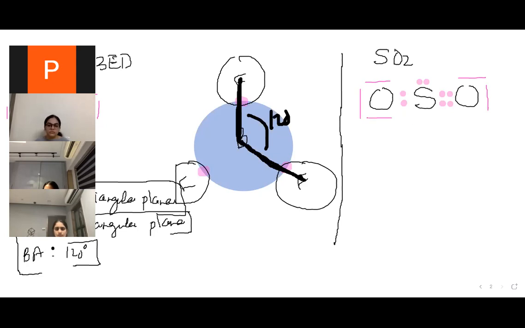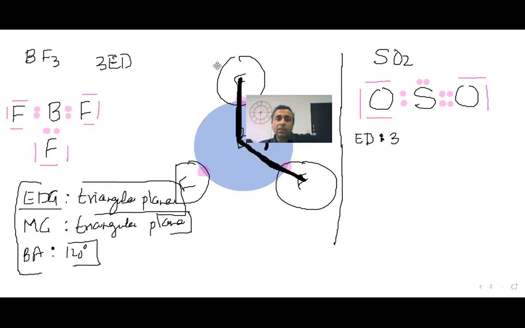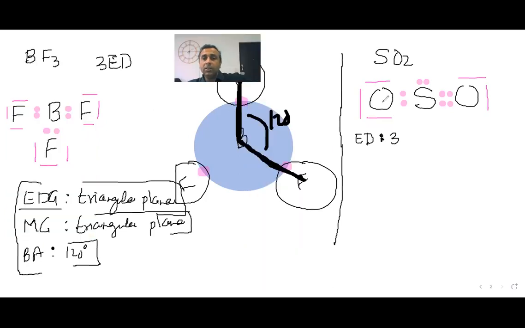All right, so how many electron domains around sulfur? 3. But what is the difference between the sulfur dioxide case and the BF3 case? In the sulfur dioxide case, there are 3 electron domains, 1, 2, and 3. Here also there are 3 electron domains, 1, 2, and 3. But the difference is that in BF3, all 3 electron domains are bonded.